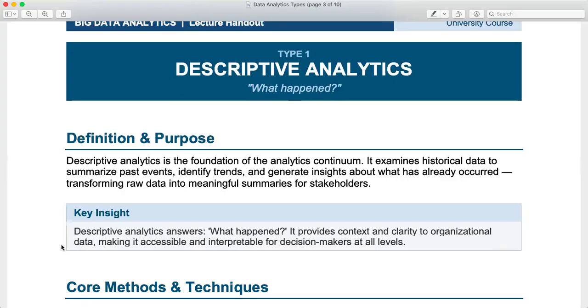We can identify the trends in the past and generate insights about what has already occurred. So, everything is about the past. In this, we are transforming raw data into meaningful summaries so that stakeholders can understand what has happened.